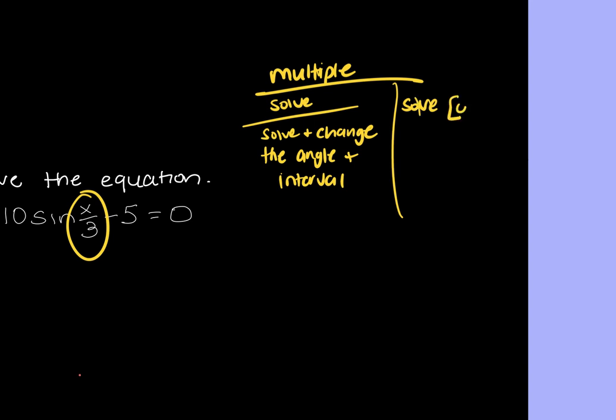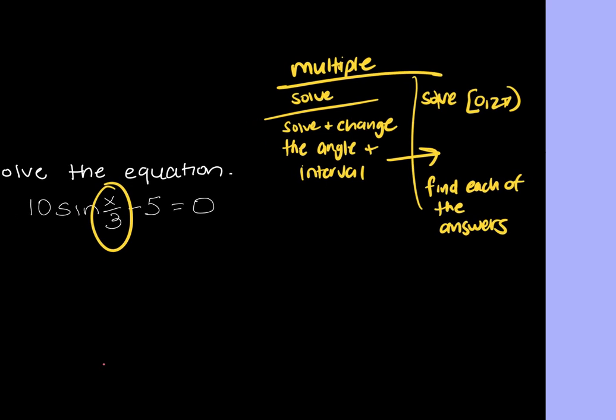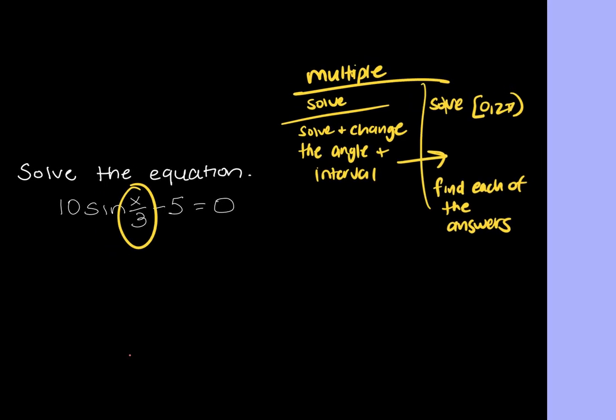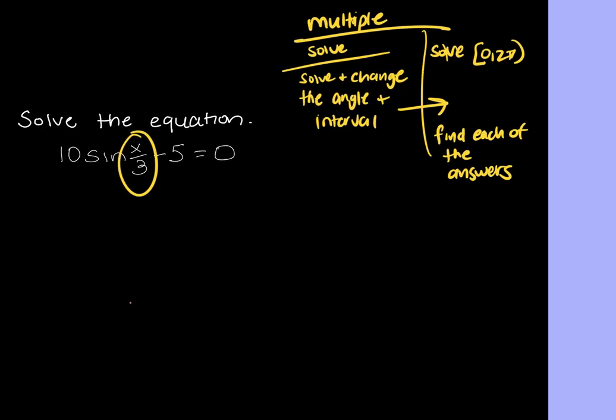Solve with the interval means we have to do that, and then we have to find each of the answers within the interval. So we don't add on the n pi at the end of my answer, but I add it on to find the interval. So I'll kind of do it. We would add the 5, divide by 10, and I get sine of x over 3 equals 1/2.